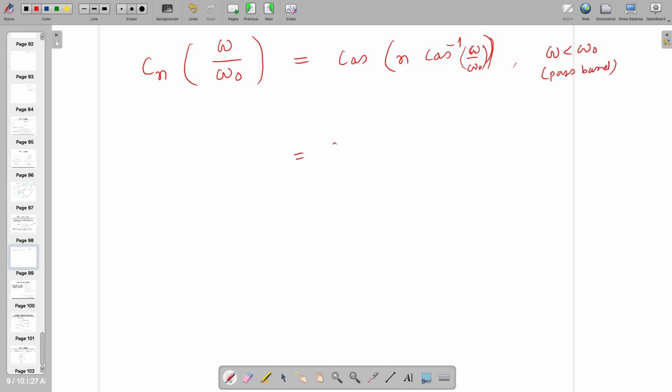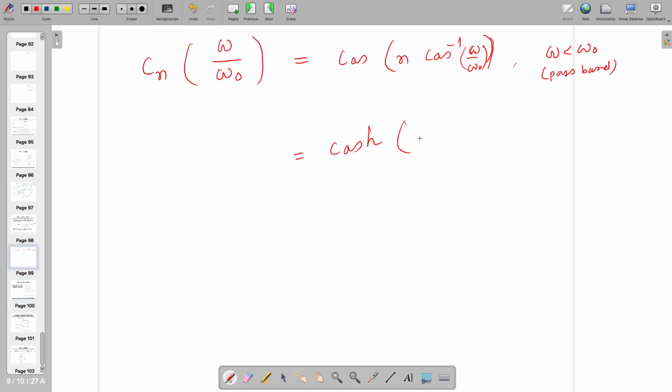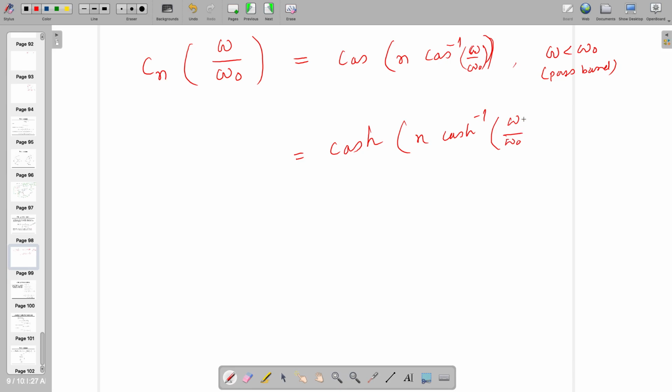And similar to this, it has been given in terms of cos hyperbolic and cos hyperbolic inverse of omega by omega 0, when omega is greater than omega 0 and you are in the stopband, right? By the way, because of this hyperbolic, you can see that it will always be monotonous. The most difficult part is the first part, where you need to find out how these ripples are being created.